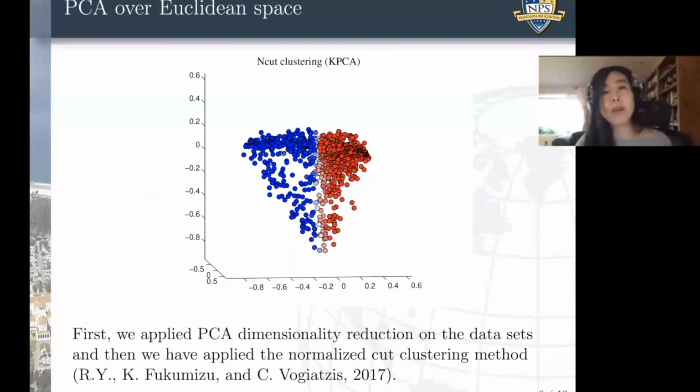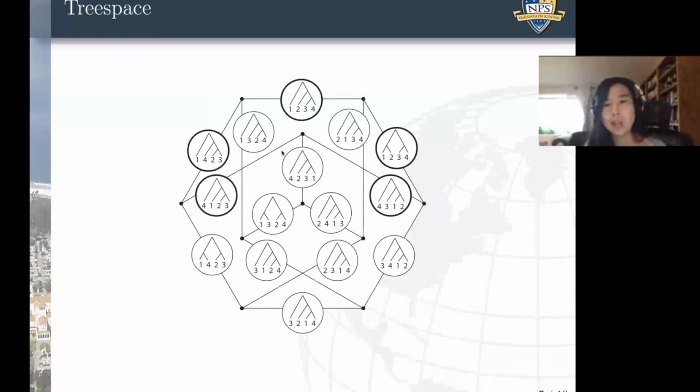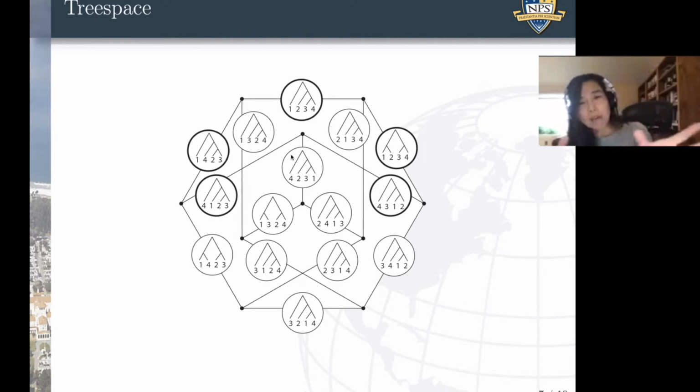Also, the space of phylogenetic trees is not classically convex, and the polyhedral cones are of much lower dimension than the Euclidean space in which they're embedded.